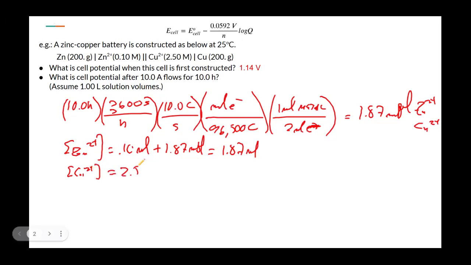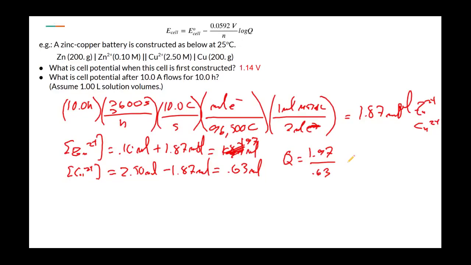We started with 2.50 moles, and we're losing 1.87 moles. So we end up with 0.63 moles. So Q is now... actually, I made a mistake. I forgot to add 1.97. Q is now 1.97 moles of zinc over 0.63 moles of copper ions, which is 3.13.